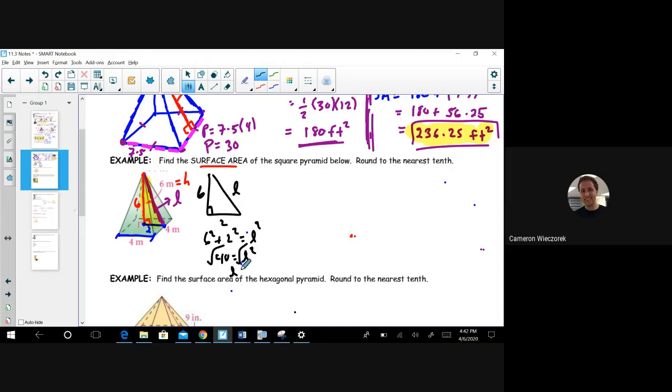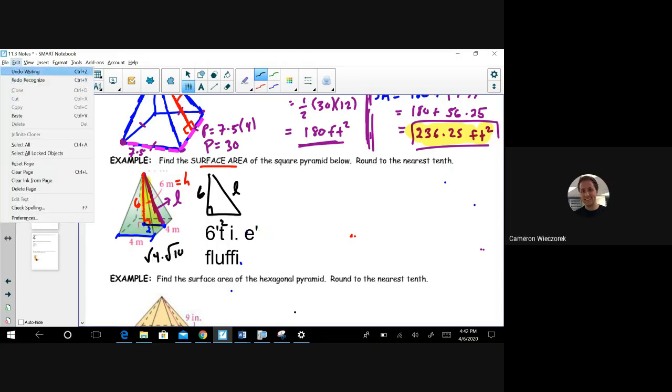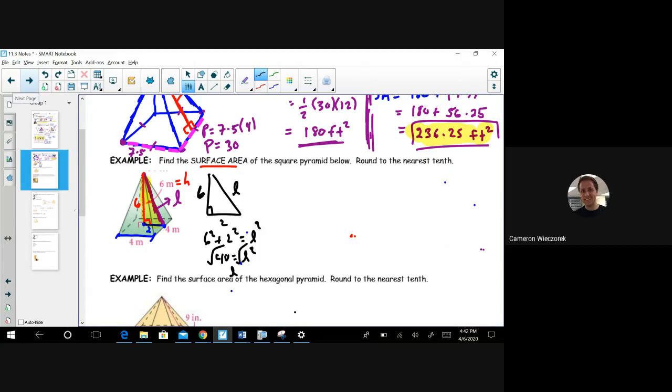If you break down rad 40, rad 4 times rad 10 is going to be 2 rad 10. So I get 2 rad 10 for my slant height.